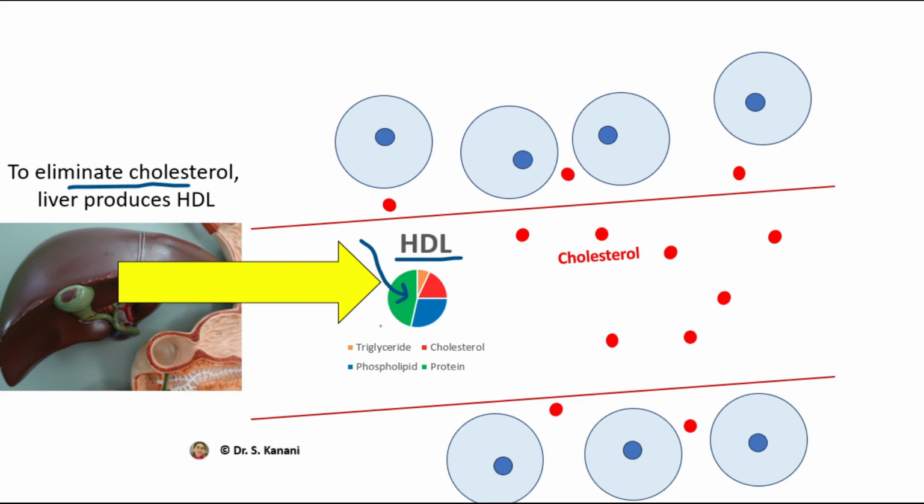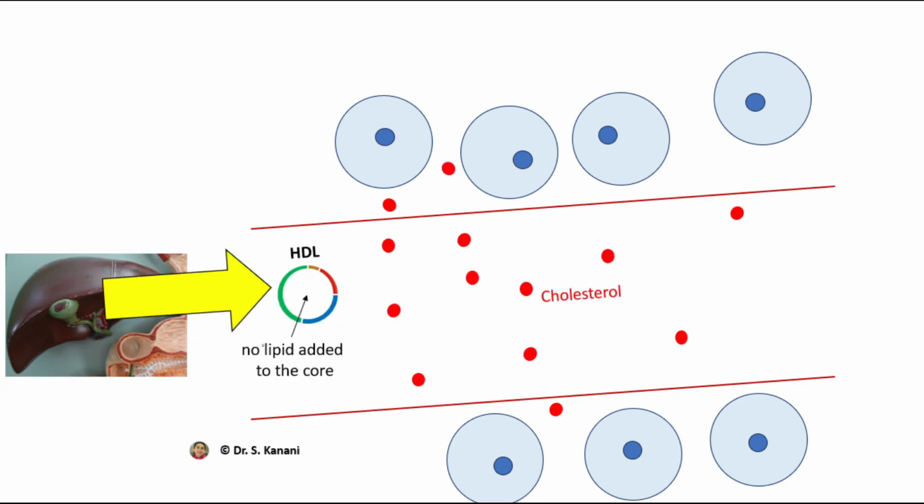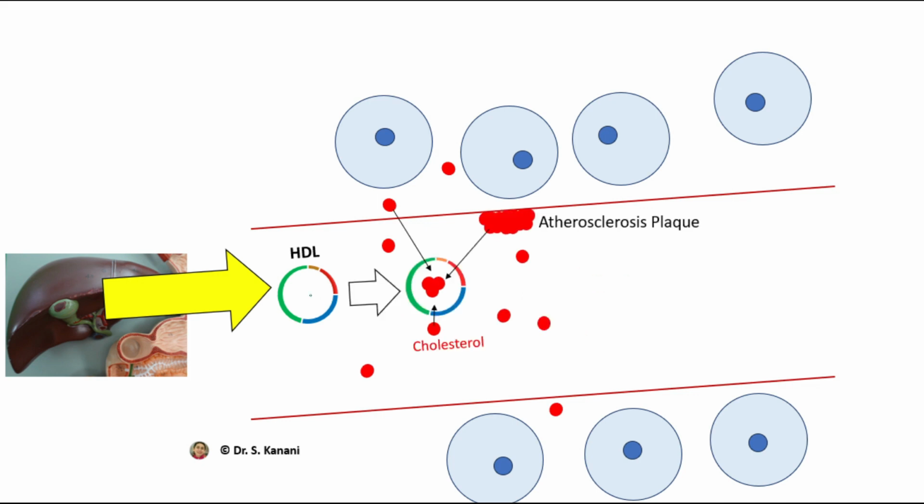It is interesting that when liver cells produce HDL, this particle does not contain lipid at its core. Think about the HDL that liver cells produce as a ball that the central portion of this ball is empty.